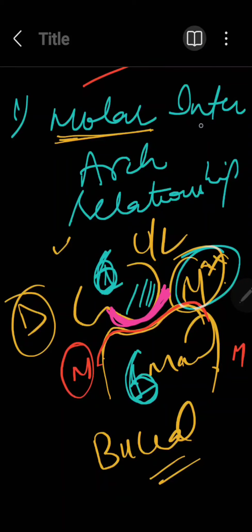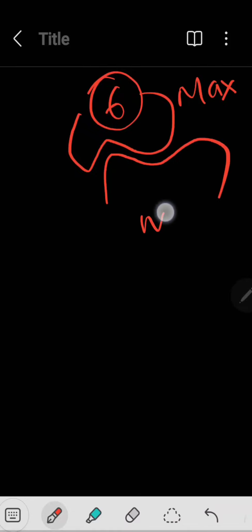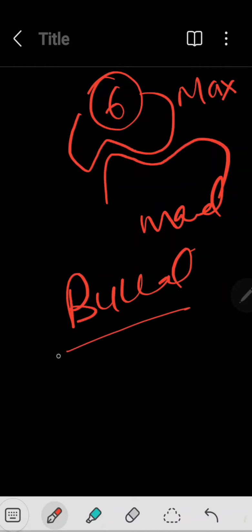You're getting my point? The diagram which we have been drawing here is for the buccal surface only. This is your maxillary first molar, tooth number 6. This is maxillary. This is your mandibular teeth. This is the whole buccal surface of the tooth. What they are trying to say is, this is the mesiobuccal cusp.